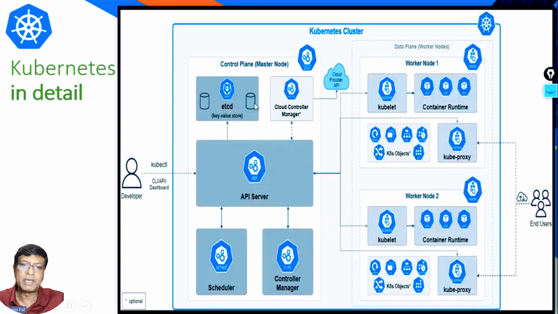Now this is nothing but a database, a key value store. It does not store a lot of information, but it can store the information in a JSON format, in a key value format, and it is called a key value store. It stores all the information that is happening over in the cluster.